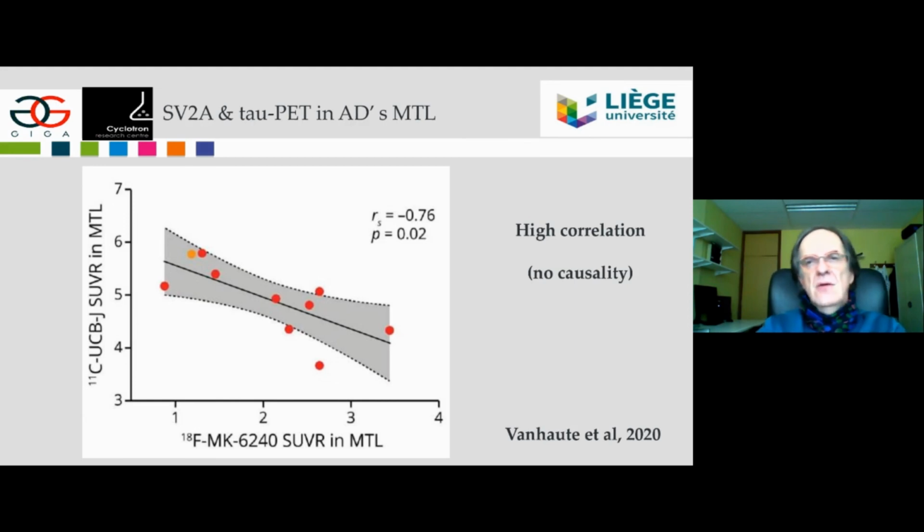So again, this tells us that in Alzheimer's there is a relationship, and that we clearly want to go into the preclinical stages in order to understand a little bit more the sequencing of events in Alzheimer's disease.